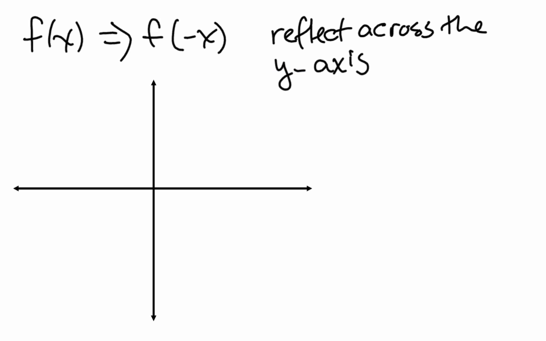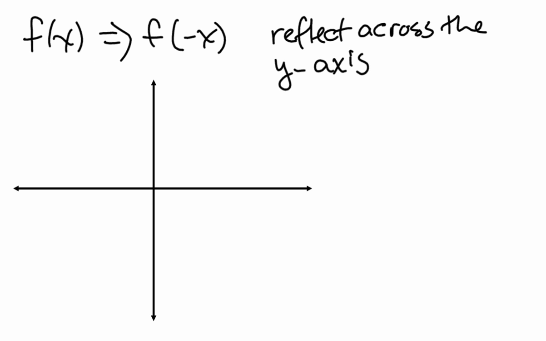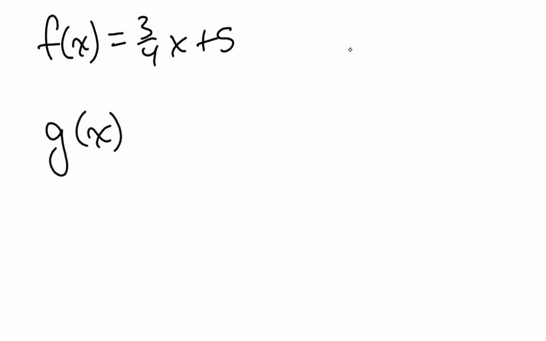So let's go ahead and do that one, and I'll add a blank page here. Our function again was f of x equals 3/4 x plus 5. And we're building a new function g of x, a reflection across the y-axis. Like we said on the previous slide, we're going to use this rule: f of x gets mapped to f of the opposite of x.